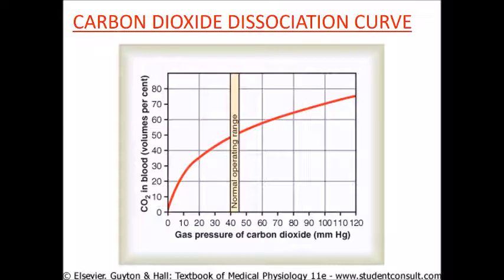If you trace 40 and 45 from the x-axis and look at the y-axis, you can find the volume percentage is 48 percent at the 40 mmHg point and it is 52 percent at the 45 mmHg point. So there is a difference of 4 volume percentage, 52 minus 48. So 4 ml of the carbon dioxide is transported in each 100 ml of the blood in resting conditions.